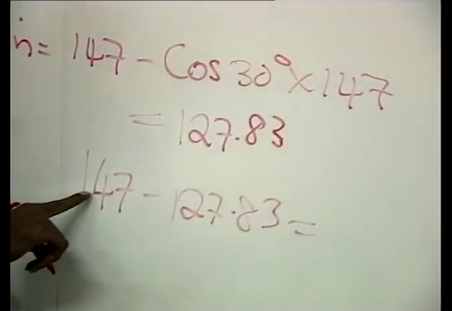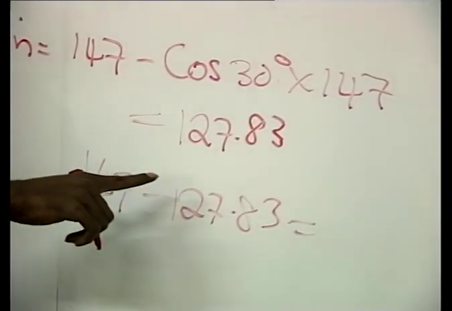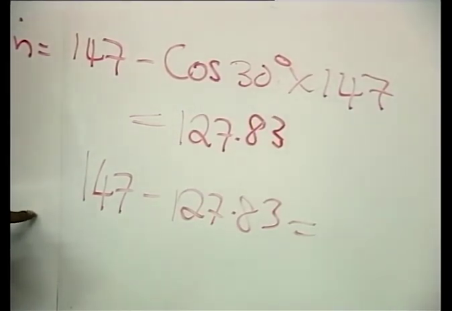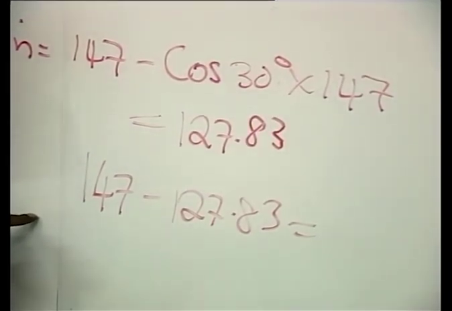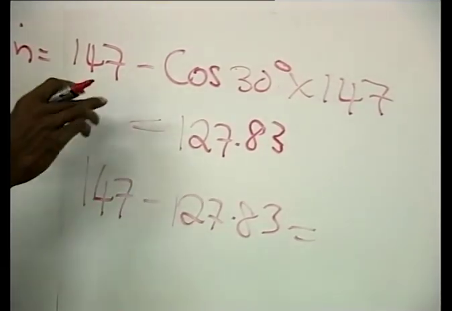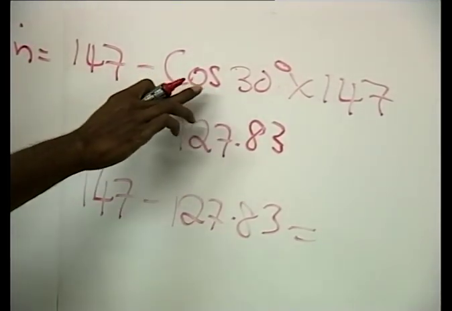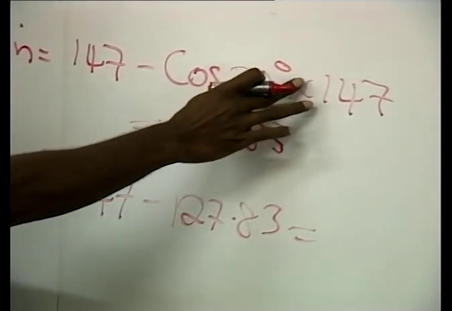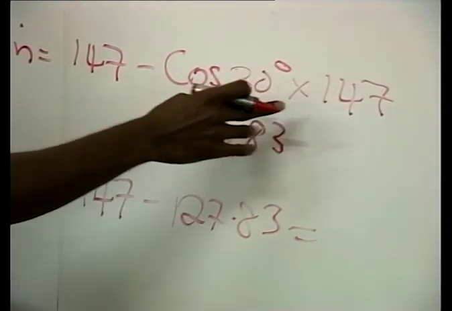Okay, what is the answer when you minus this from 127.8? 147 cos 30. Yeah, that is correct.